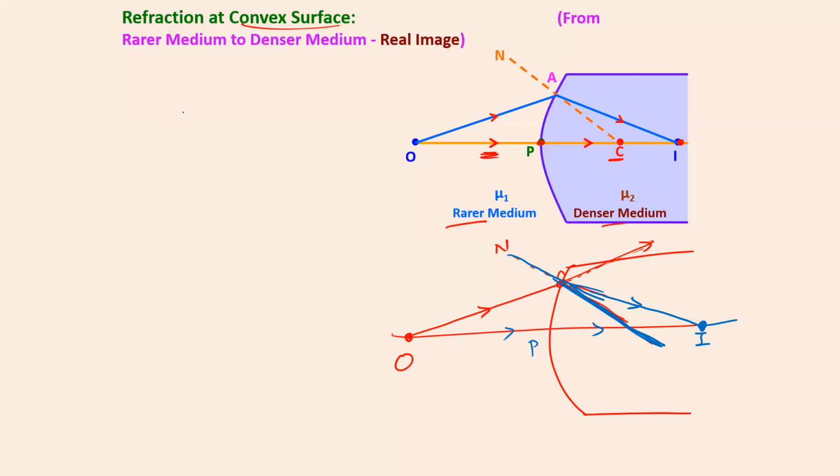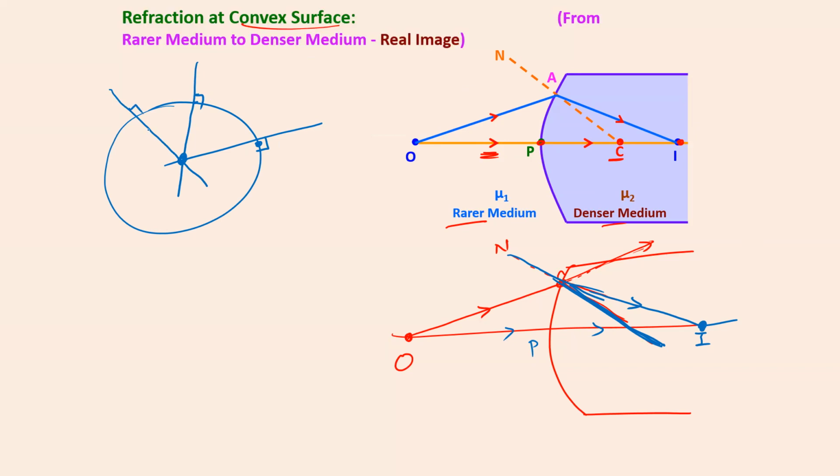And you know what, about the normal at a curved surface, just try to understand this. If I need to draw a normal at this point, it will always pass through the center. A normal at another point will also pass through this point, and this is the center.